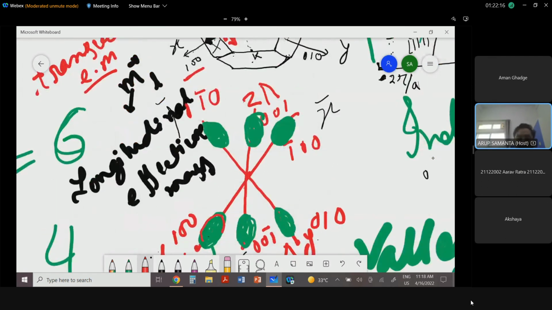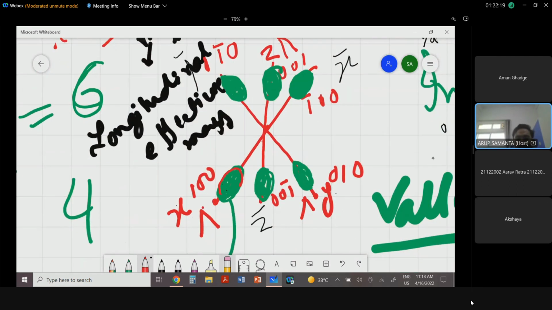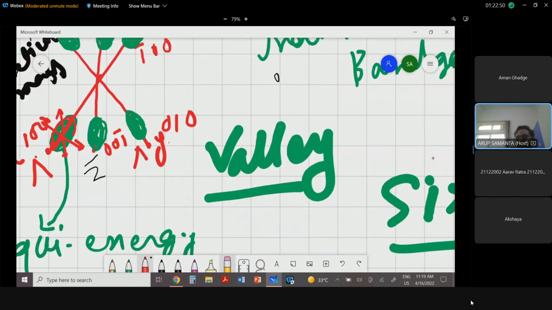If you move along this valley, this is the longitudinal direction, and you can move along the perpendicular directions, which are the transverse directions. Along the transverse directions the valley is thinner, so the mass is smaller. Along the longest direction, like a rugby ball, this is the longitudinal mass. The other two directions have the smaller mass. These are called the transverse mass.